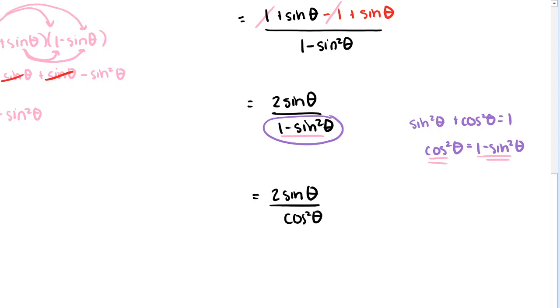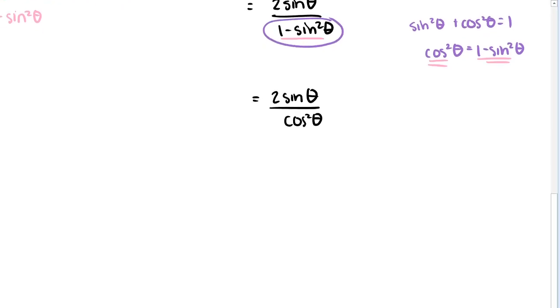And we wanted to show that our expression was the same as 2 times tangent of theta times secant of theta. Well, I can break this fraction apart. This is the same as 2 times sine of theta over cosine of theta times cosine of theta.